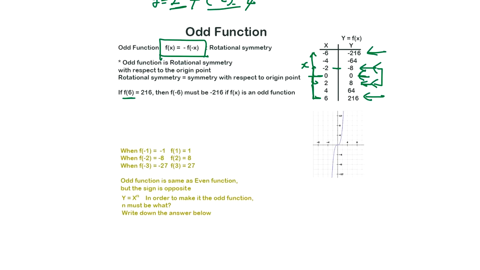If x is 6, it's 216, negative 6, the function value will be negative 216. Because this negative 216 multiplied by negative 1 makes a positive 216. Okay, so this is the condition for odd function.